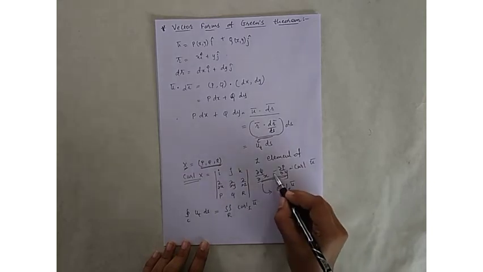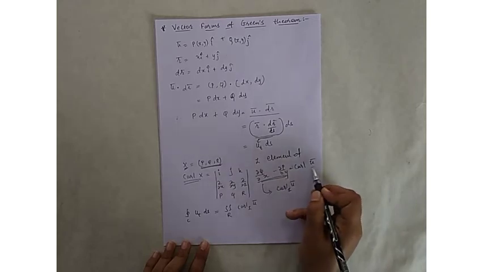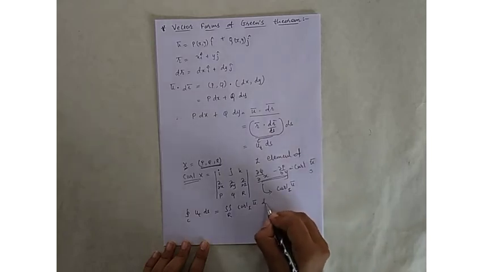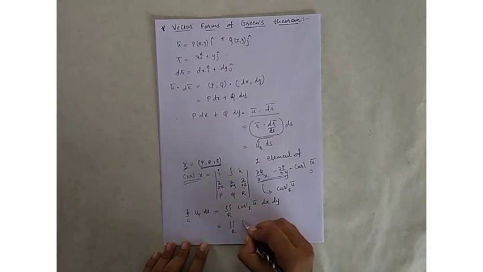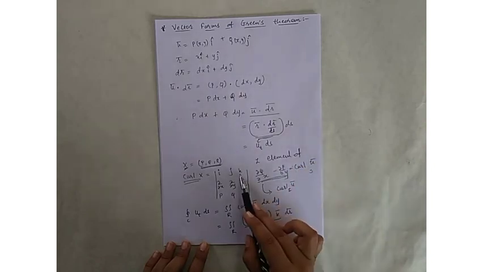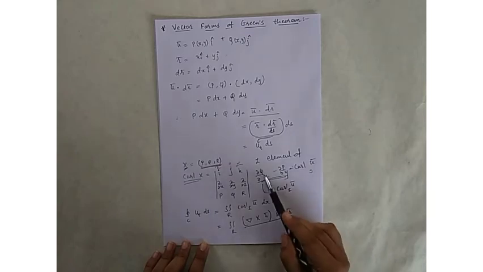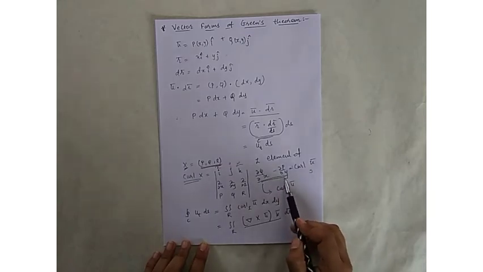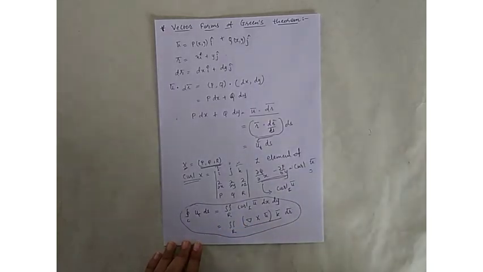Del q upon del x minus del p upon del y is the z element of curl u bar, times dx dy, or you can write it as the double integration over R of curl u bar dot k, with k meaning the z element, that is del q by del x minus del p by del y. This is the vector form of Green's theorem.